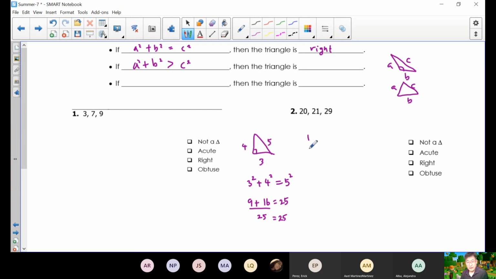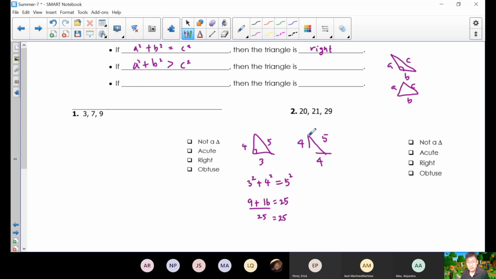What if I have a 4 and I have a 4? Let's say this line is 4 root 2, but let's say this is just 5, not the right triangle.